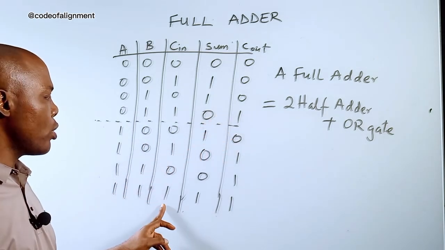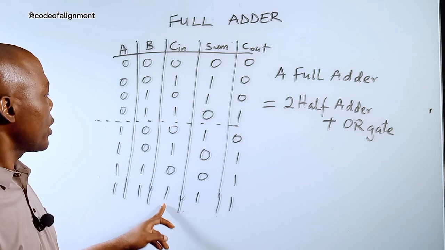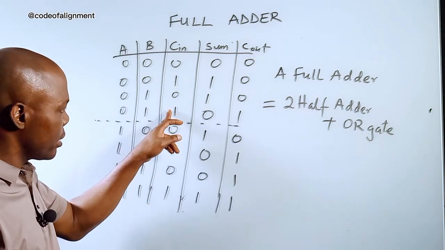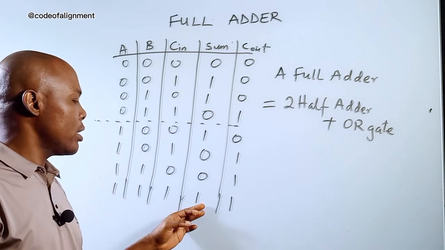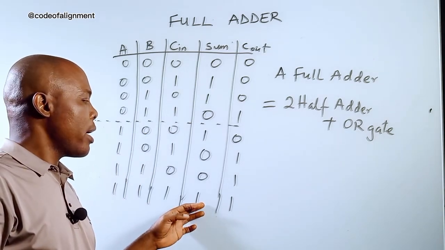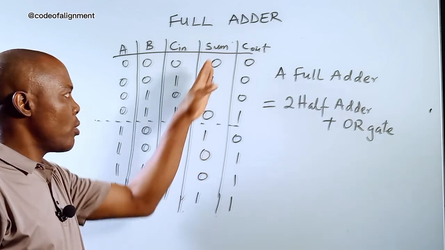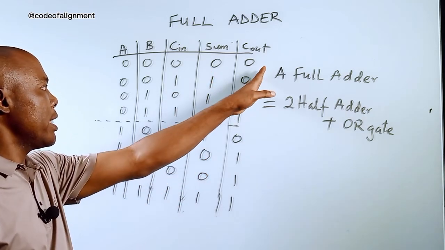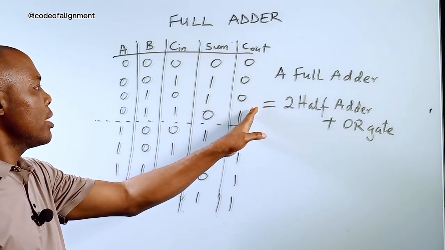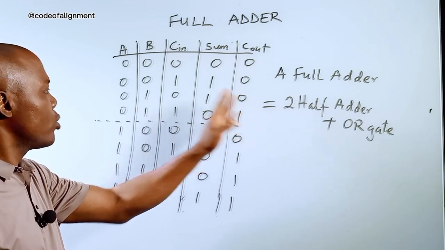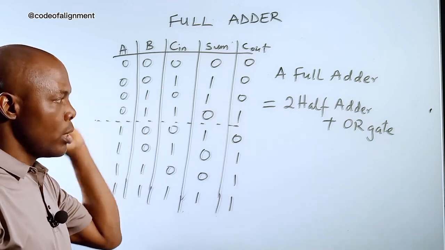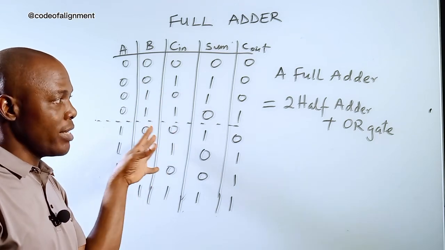If we have 3 inputs on, if we have odd, it means the sum will be 1. That is what this is telling us. And then this C out is telling us at least 2 of the inputs must be 1. That is what we can derive here.